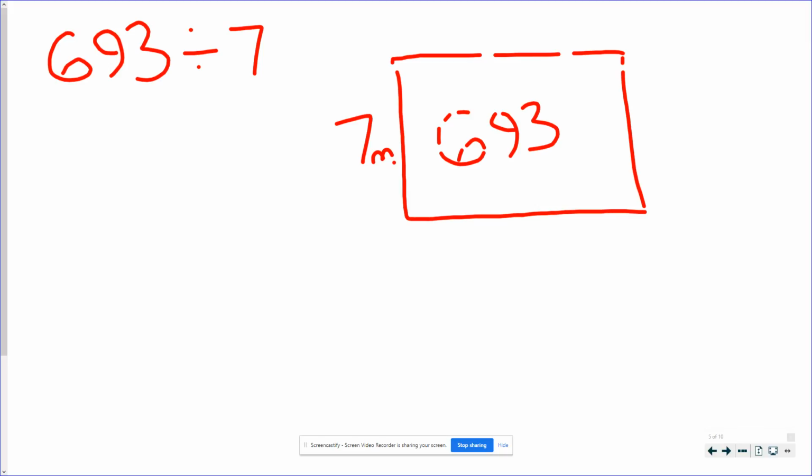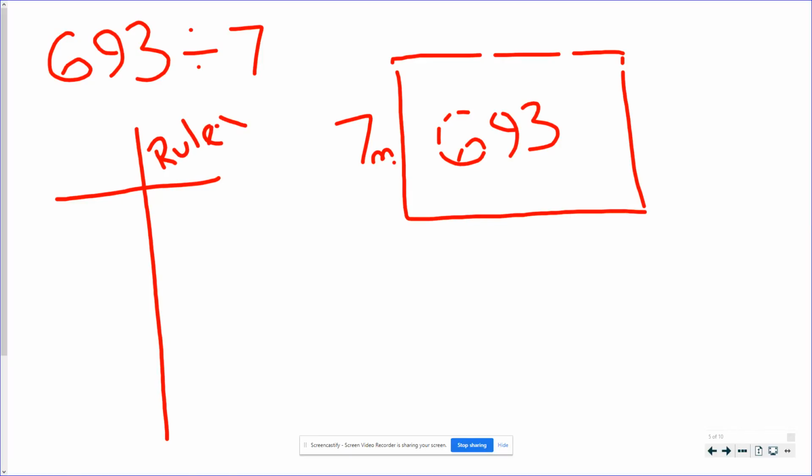On using a ratio table, what we'll do is say that this is a rule of 7. Rule is times 7. And we are trying to get to 693.